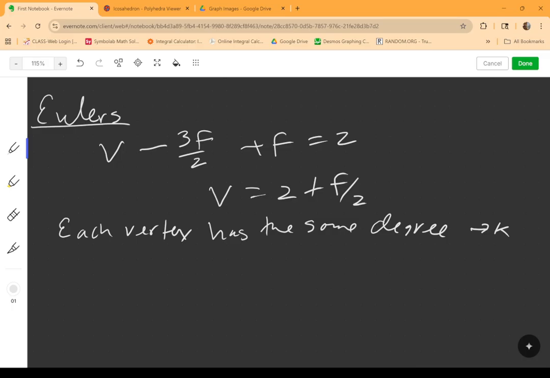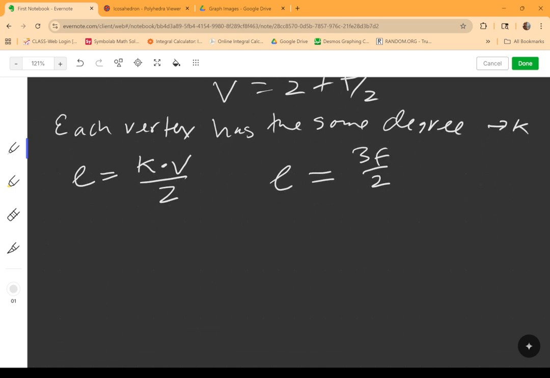So the edges are whatever the degree is times the number of vertices, but again, that overcounts, so we divide by 2. And then E is equal to 3f over 2. All right, now setting those equal to each other, we have 3f over 2 equals kv over 2.